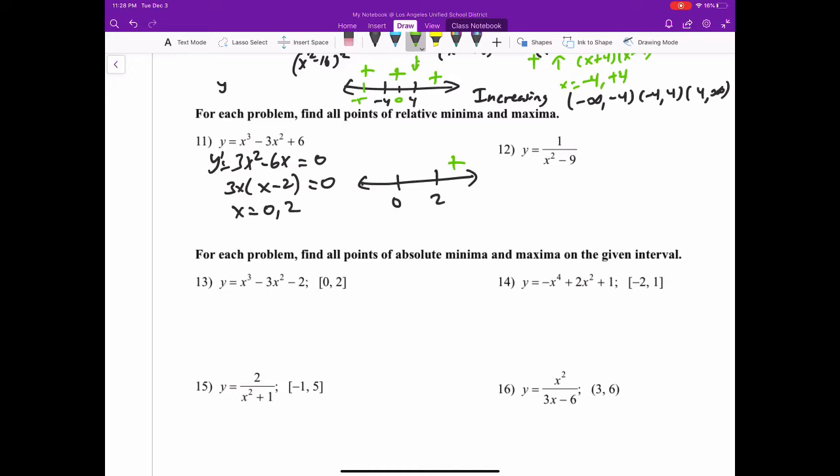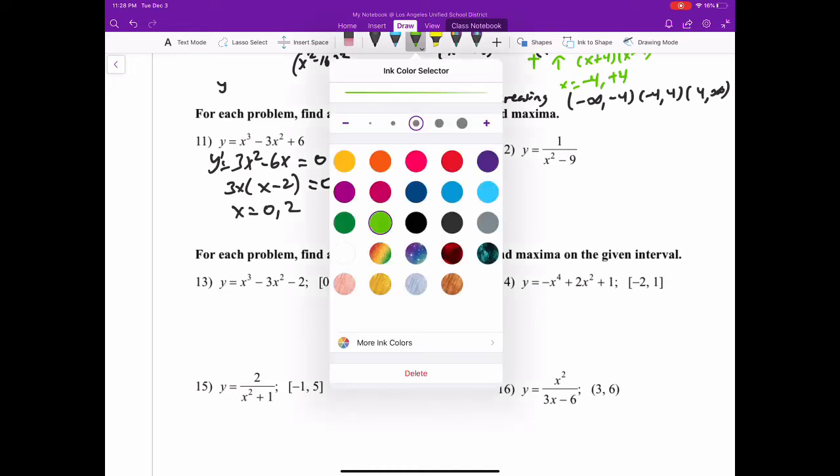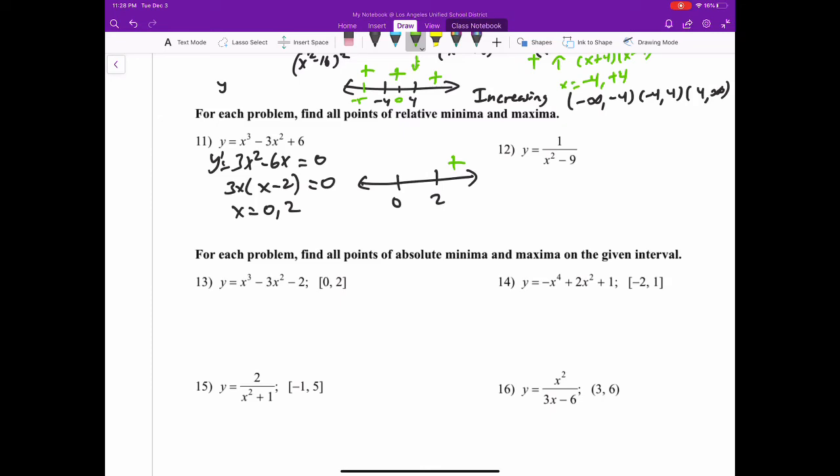If I plug in a number between 0 and 2, we'll plug in 1. If I plug in 1 here and 1 here, we see that's going to be a positive, and this is going to be a negative, right? So positive times a negative is a negative. If I pick a number over here, negative 1, we see that's going to be a negative and a negative. Negative times negative is a positive.